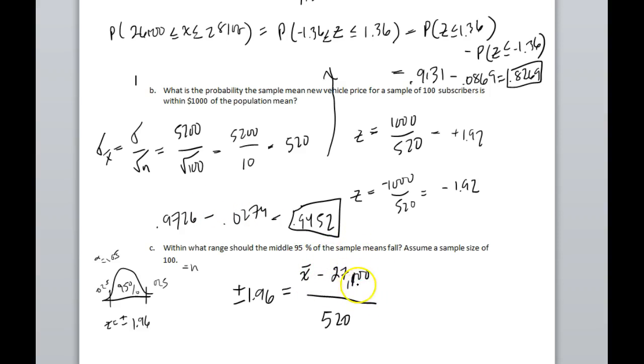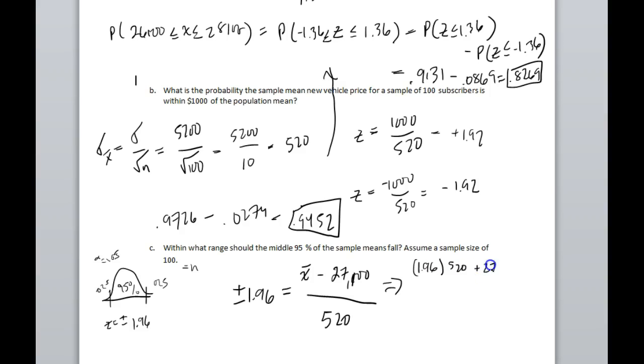Okay, so now we're going to be running two different calculations. Let's run it for regular 1.96 first, and then for negative 1.96. So I'll just multiply both sides by 520, so 1.96 times 520, and I'll simplify it all the way.